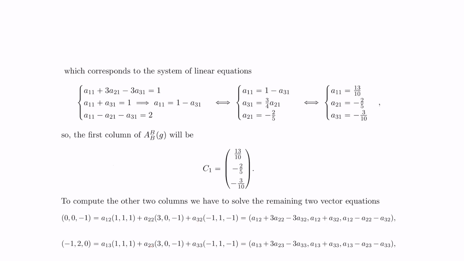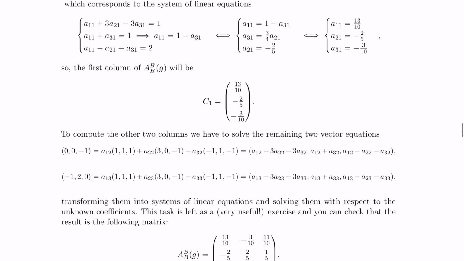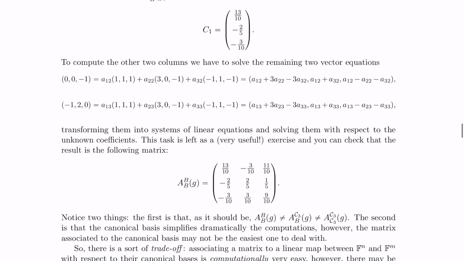Again, you do that by performing the computations that are written here and here, obtaining the corresponding vectors, and solving this vector equation here by transforming it into a linear system, and the same for this vector equation here. As a very, very useful exercise, you can check that with this strategy you arrive to this column 2 here and this column 3 here.